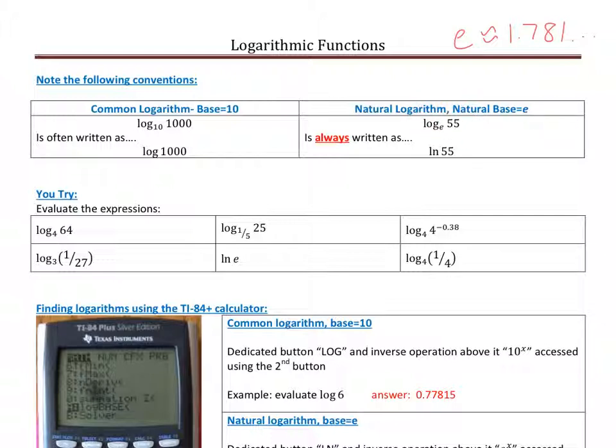The same concept is a log base e, but the way you will always see it written is ln, and you read that as the natural log of 55. It is assumed that the natural log of 55 has this unspoken base e. When you see ln, you know that unspoken base e is there. So this notation and this notation are something you're going to need to memorize and know exactly what they mean.